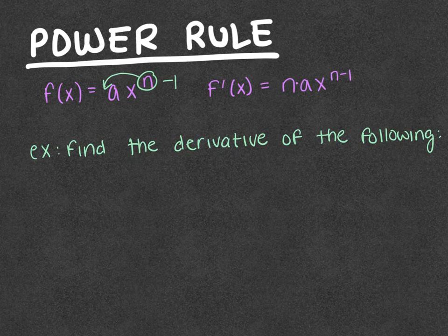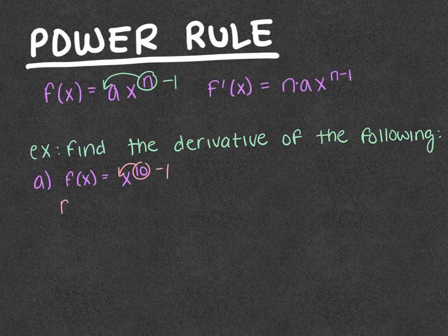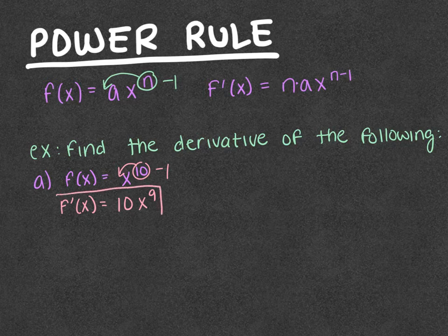First one, if f of x equals x to the 10th, then we're going to follow this rule. We're going to take the 10 and move it down front, and then subtract 1. So f prime of x would just be 10x, and then 10 minus 1 is 9. And that's your derivative.